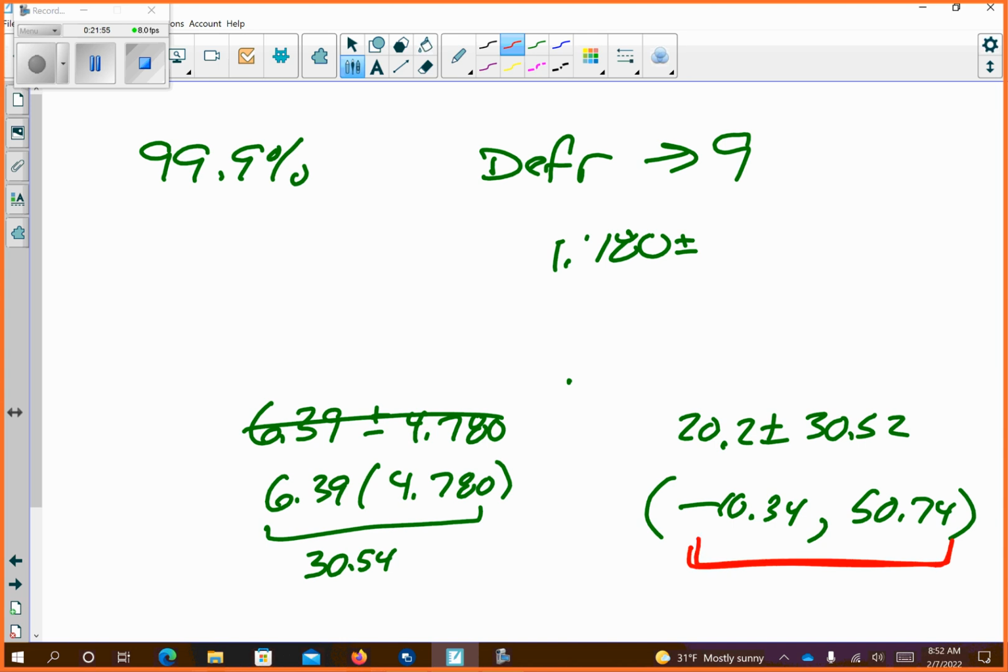We're still talking ACT score, right? Am I going to get a negative 10.34? Am I going to get a 50? No. The highest score is a 36. We have a 99.9% chance, with only a 0.1% chance that we fall outside of it. How does that happen?